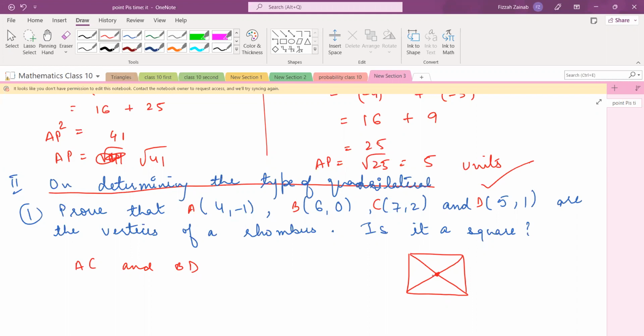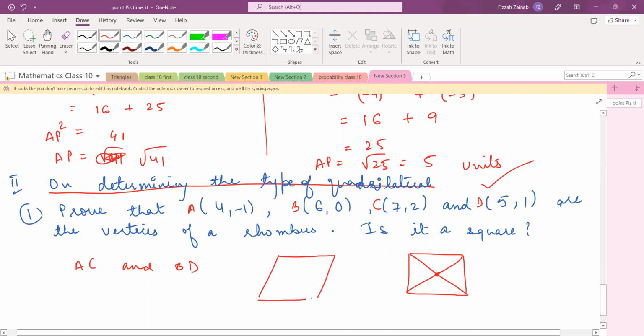Ma'am, if they're not equal, then it will be a rhombus, right? No, no. In a rhombus also, like in a parallelogram, the diagonals will bisect each other. I'm not saying that the lengths of the diagonals are equal, but both diagonals are dividing each other into two equal parts.